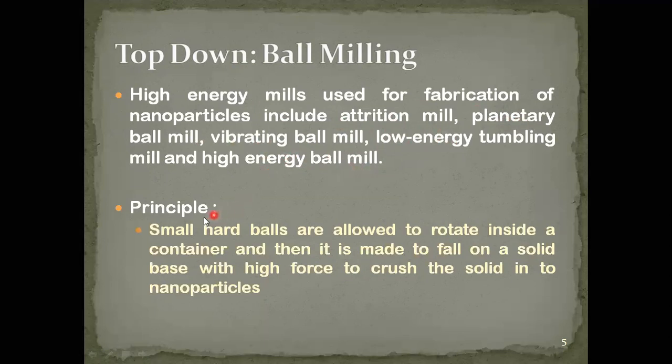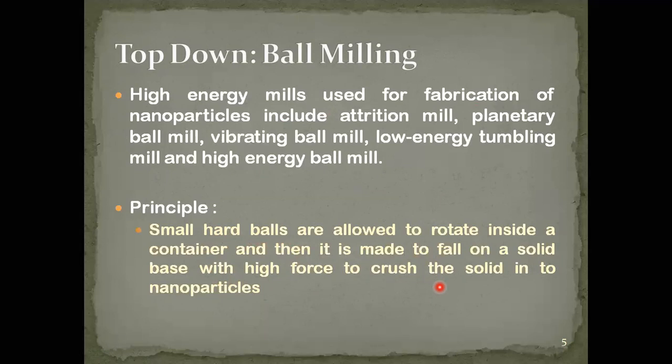First of all, the principle involved in the ball mills is that we have hard balls, small or large, depending upon the type of mill. These hard balls are rotated inside the container, and they crush the bulk particles. The best day-to-day example is our grinder or mixer.